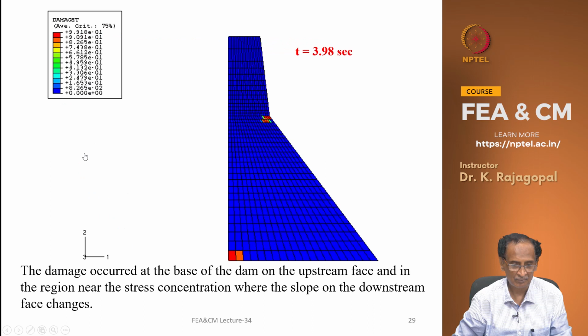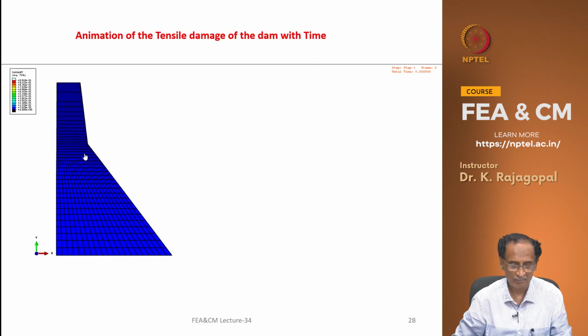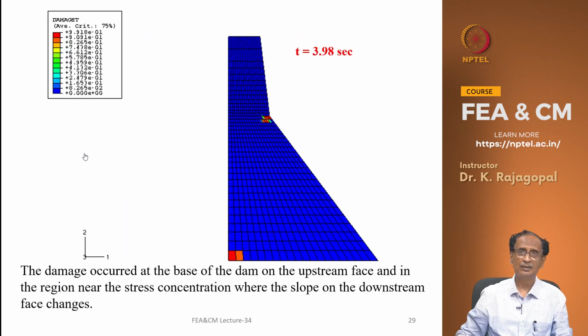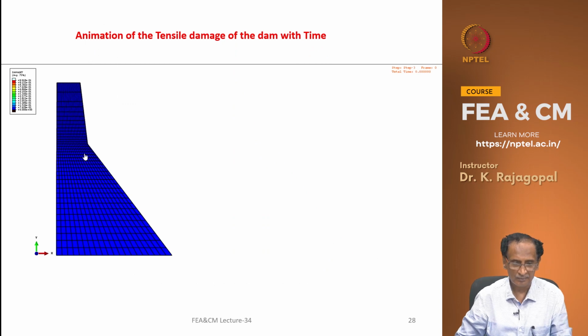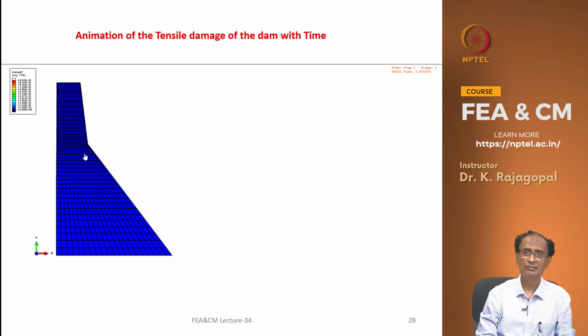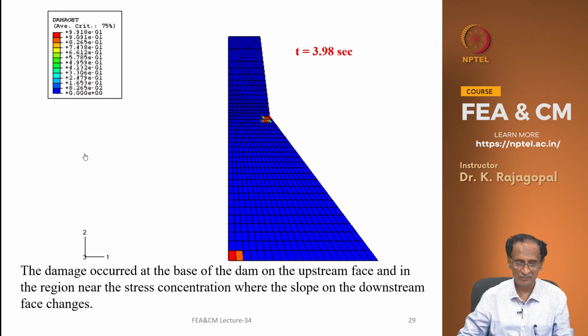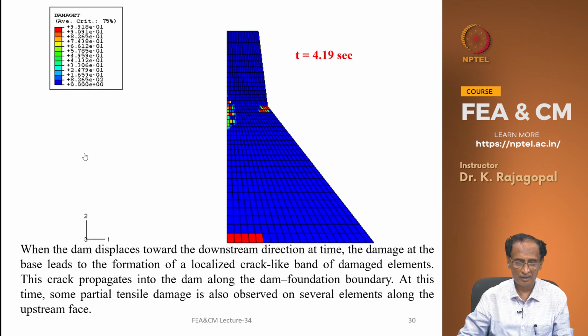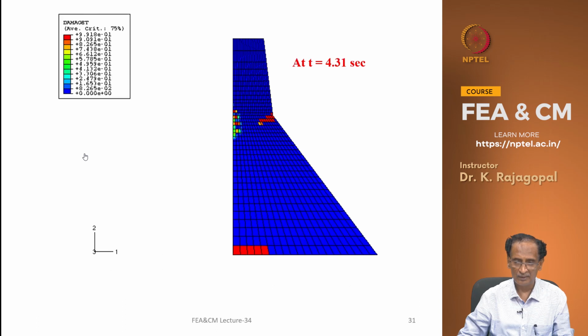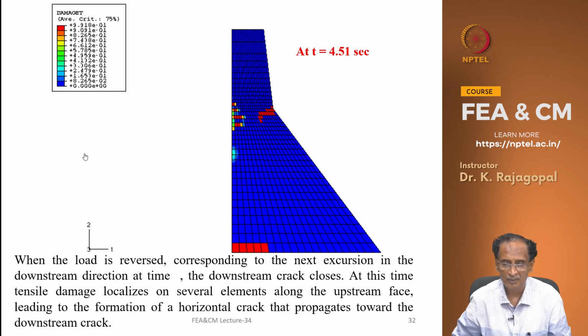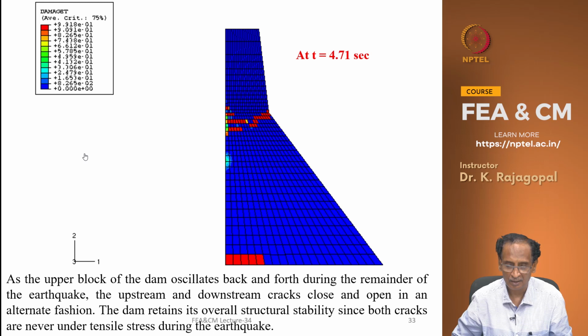In fact, when you compare the damage that actually happened in the dam to the finite element predictions, they both matched very nicely, and at different times there is different damage, and these are all the red zones. These are the damaged portions.